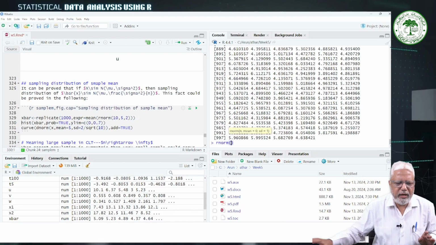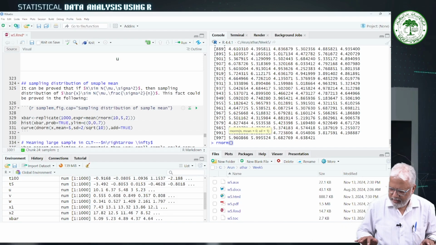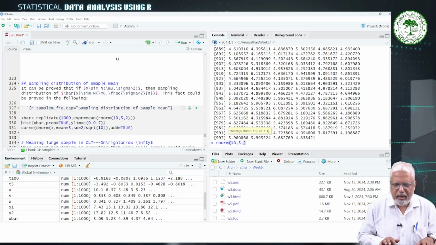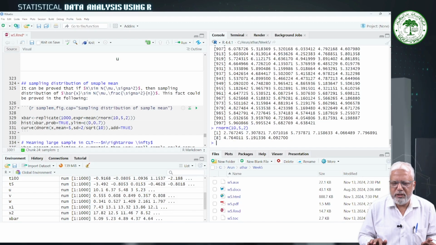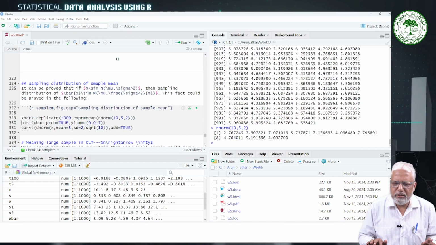I am trying to express this fact. This is the rnorm, 10, mean is equal to 5 and SD is equal to 2. So, we are simulating 10 random observations from a normal distribution with mean 5 and SD 2.